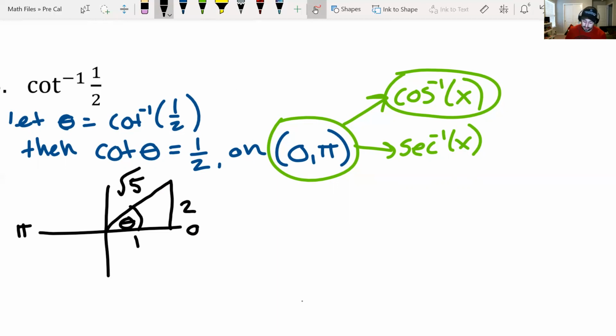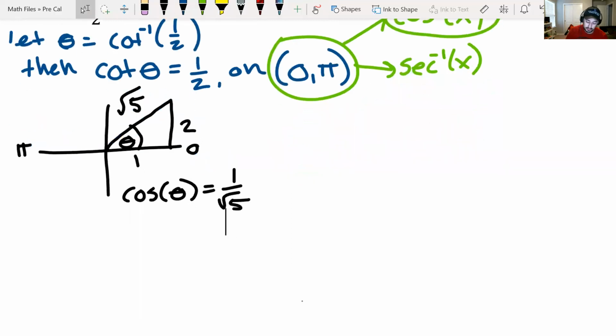So if I say cosine of that theta is equal to 1 over the square root of 5, well, all I have to do for theta now is apply the inverse of cosine and calculate. Believe it or not, that's it. So this becomes theta equal to the inverse cosine of 1 over the square root of 5.